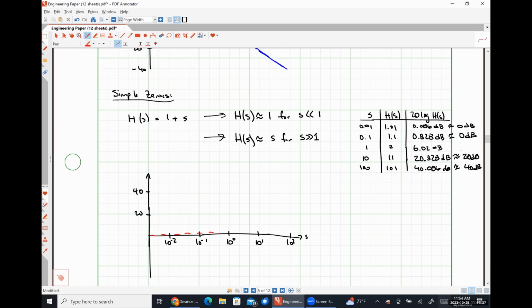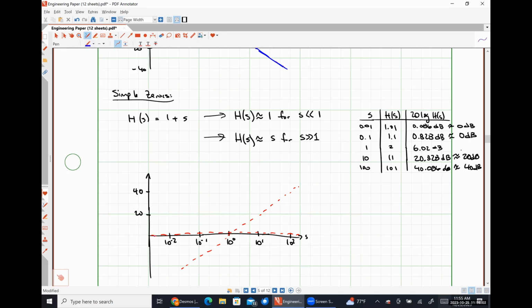So we have a straight line at 0 decibels for the first part. And then we know that for just a transfer function of s, we should have a line that crosses the horizontal axis at s is equal to 1 with a slope of positive 40 decibels per decade.